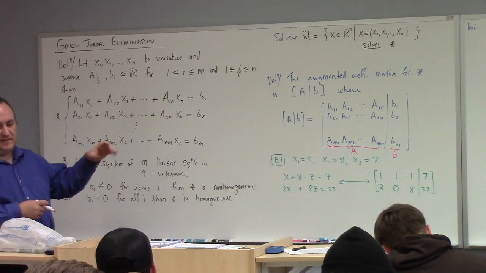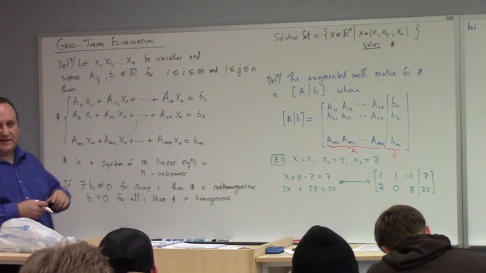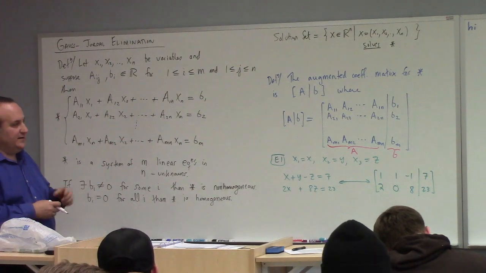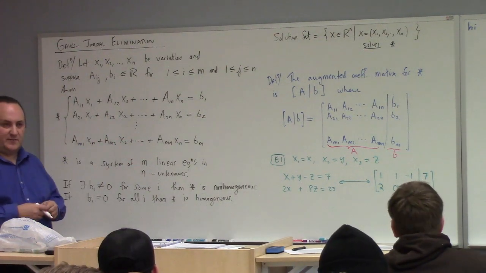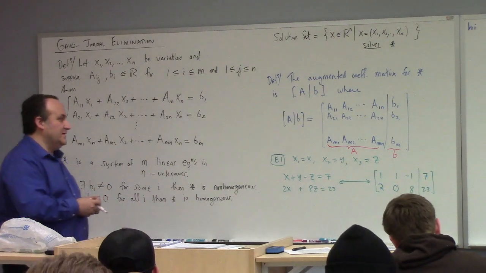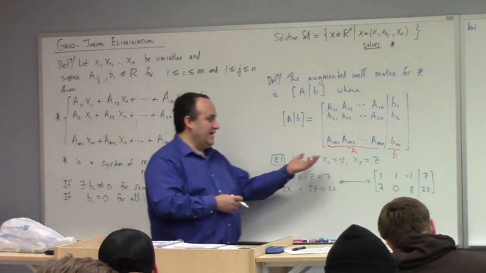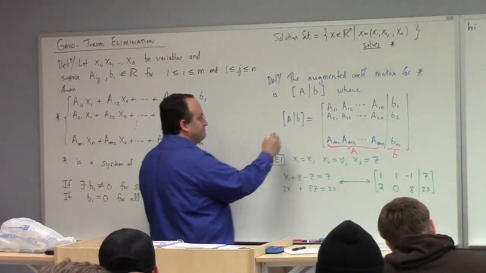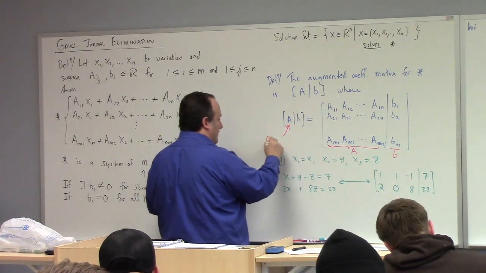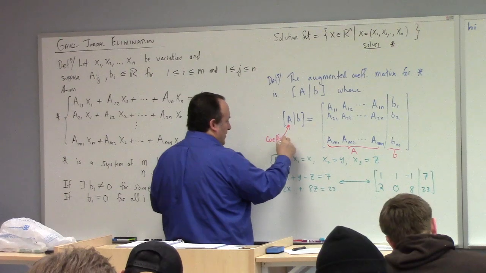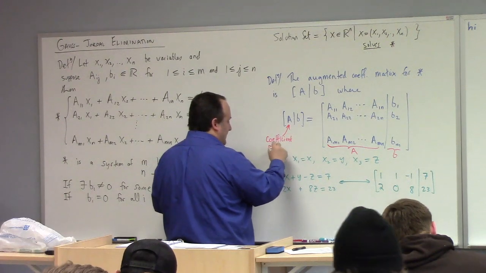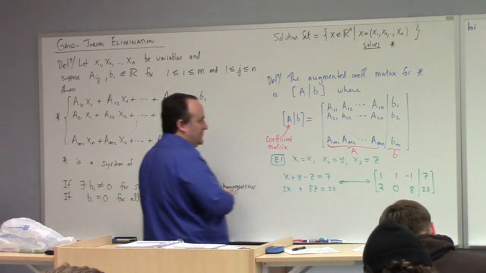Sometimes I'll just refer to B collectively as the inhomogeneous term, but understand it's the collection of all of them together at once as a vector there. A is a matrix, right? A is called the coefficient matrix. It has all the numbers that formulate the system, right? The coefficient matrix.